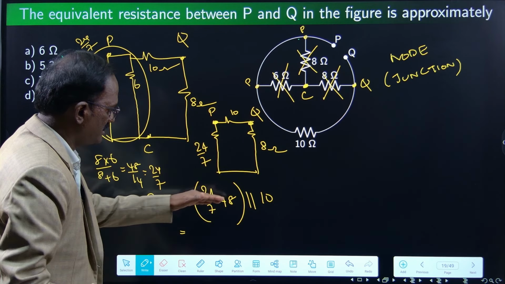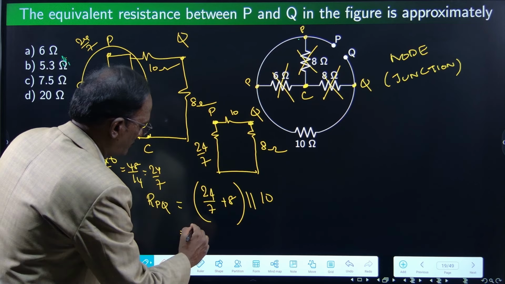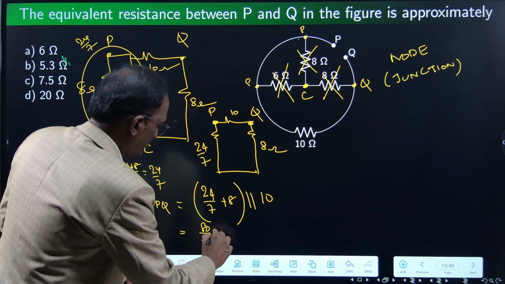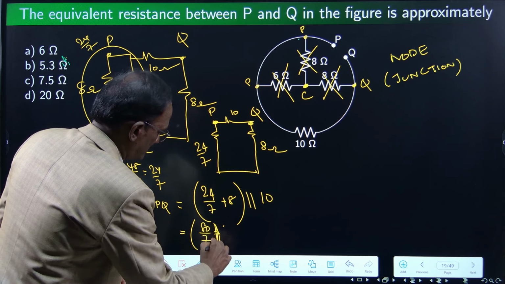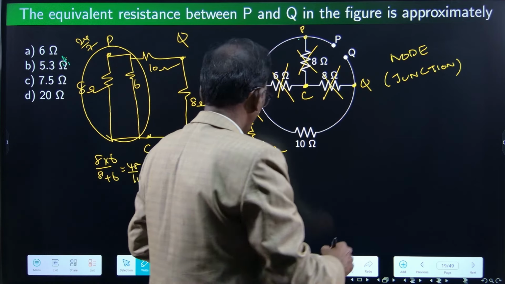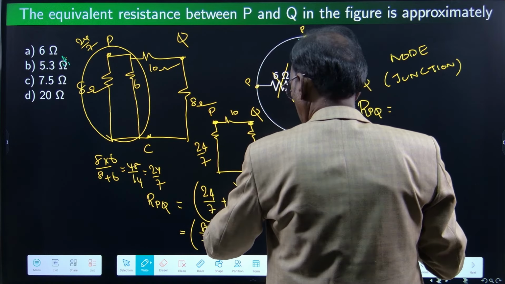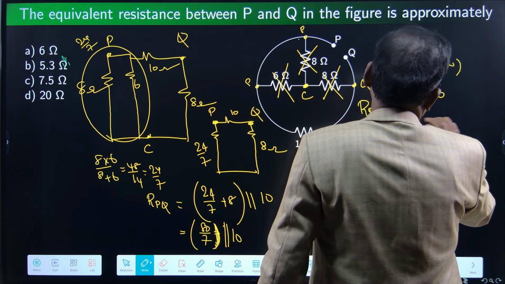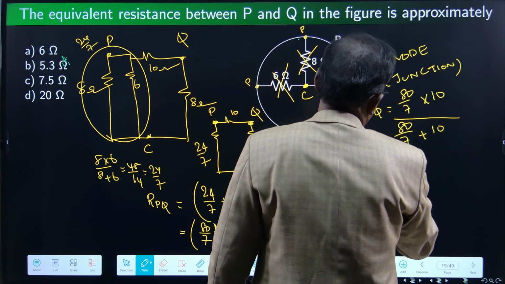So what is this value? 7 into 8, 56. 56 plus 24, 80. 80 by 7, in parallel with 10. So RPQ is equal to 80 by 7 into 10 divided by 80 by 7 plus 10.